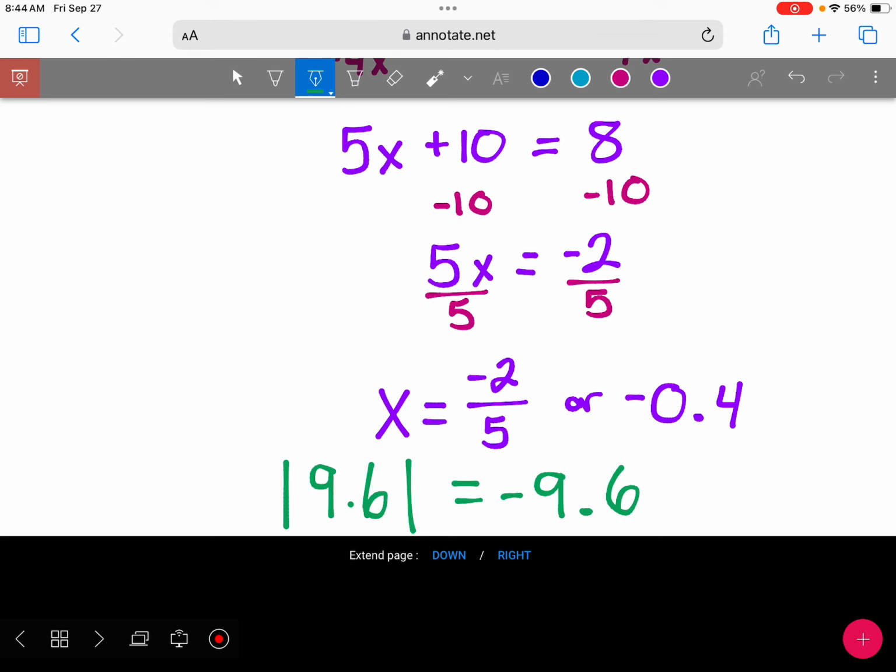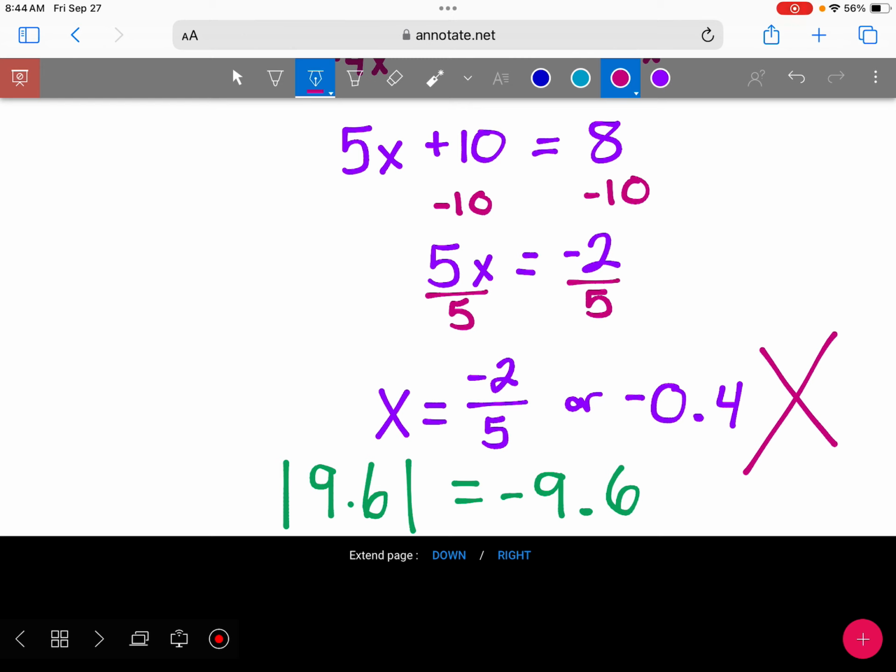Does the absolute value of 9.6 equal negative 9.6? Those are not the same things. My absolute values do not give us negative numbers. So this is not a valid answer. This does not check.